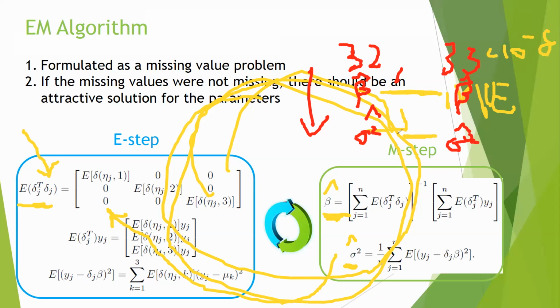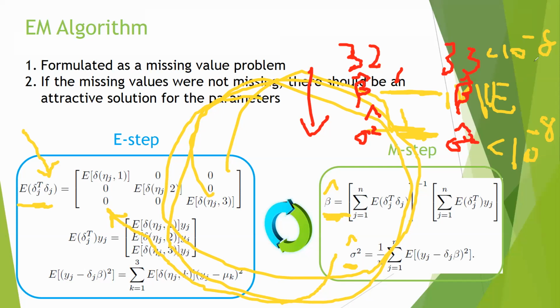And the same when we calculate the difference between the two sigma square estimations from these two adjacent steps. If this value is extremely small, less than 10 to the minus 8, then we believe the convergence is achieved. So this is the criterion we check to see whether the iterative algorithm has converged or not.